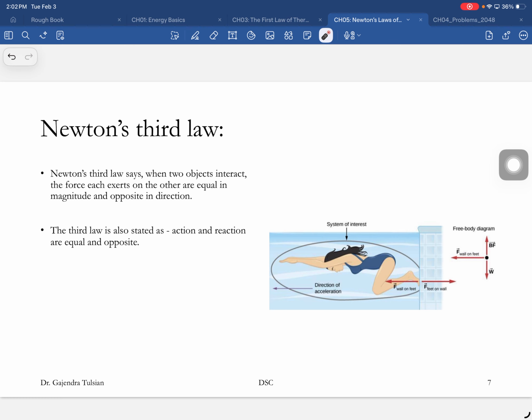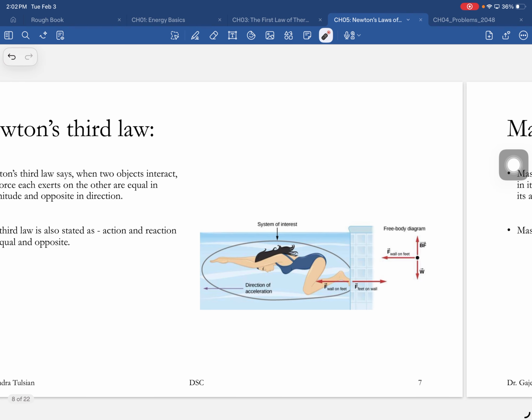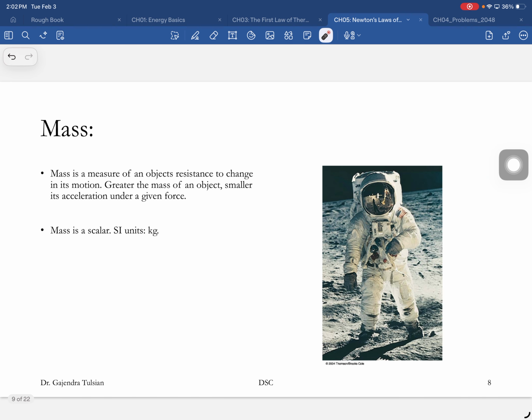So when you say you're feeling your weight, it's really the force that the ground exerts on you. So for instance, if you want to feel weightless, you can do the following. When you stand on a scale, Earth is pulling you down, and it's this push that you feel.